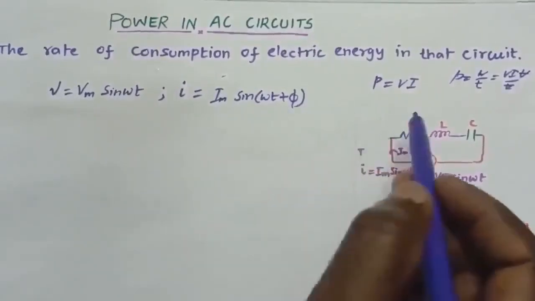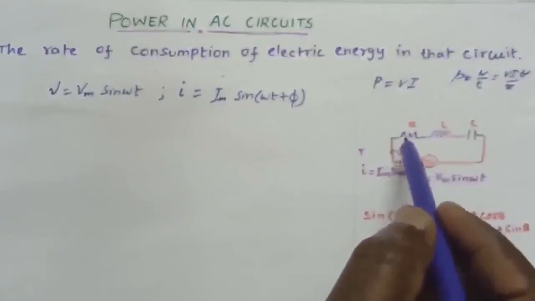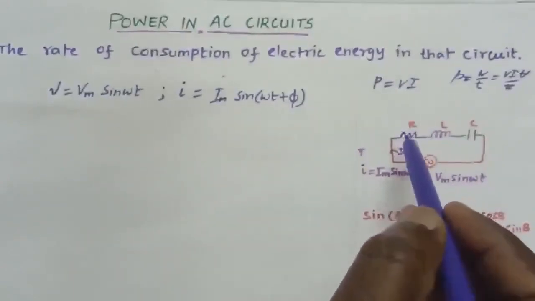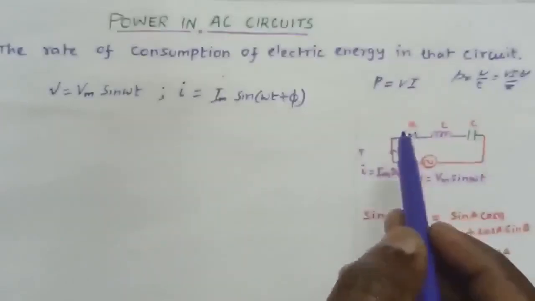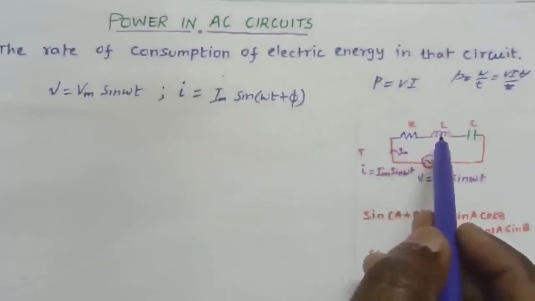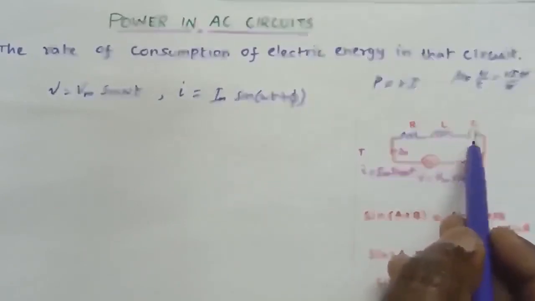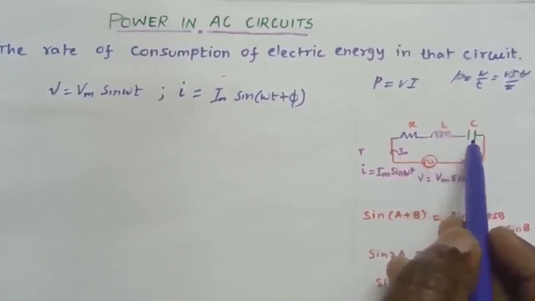Now in a resistive circuit, current and voltage are in phase with each other. But in an inductive circuit, voltage leads current, and in a capacitive circuit, voltage lags current.